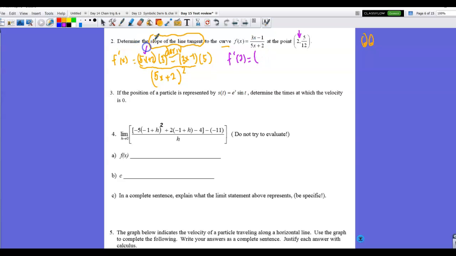So I'm substituting a 2 here. So 5 times 2 is 10, plus 2 is 12, and that's times 3, minus, substitute a 2 here, 3 times 2 is 6, minus 1 is 5, and then that's going to be multiplied by 5.